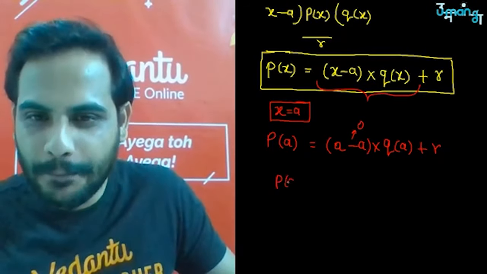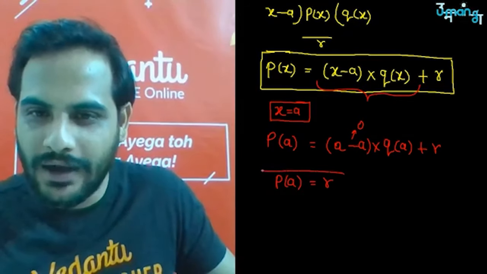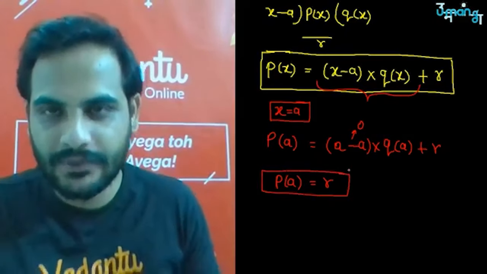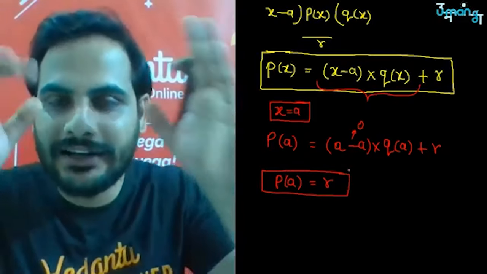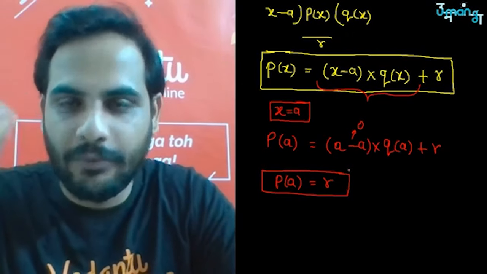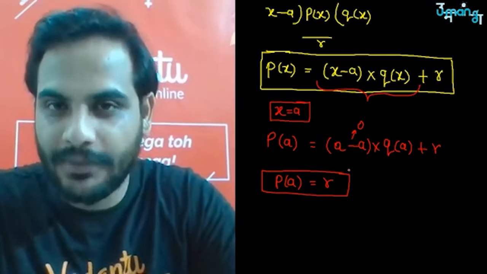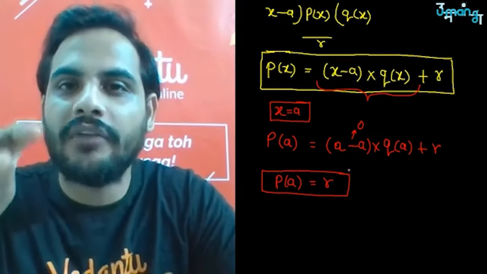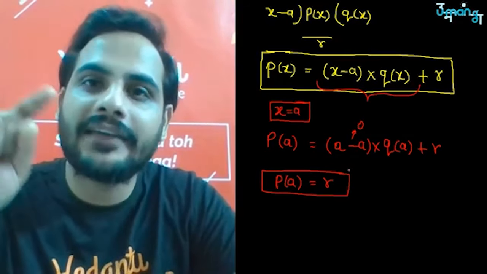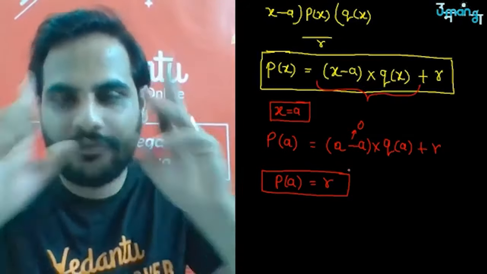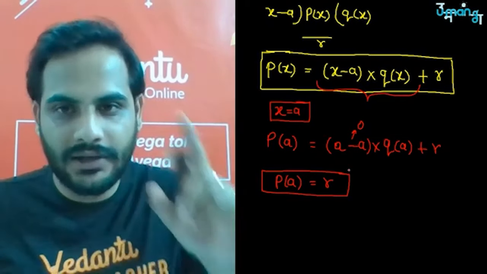So you got p(a) is equal to R, and this is how you can find your remainder. So if the divisor is a linear polynomial, the remainder will be equal to the value of the dividend at x is equal to a. How will you find a? From the divisor.